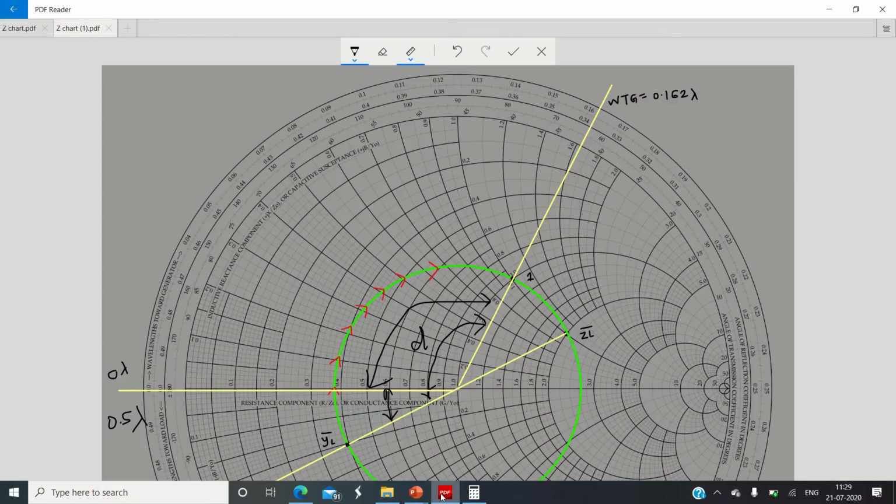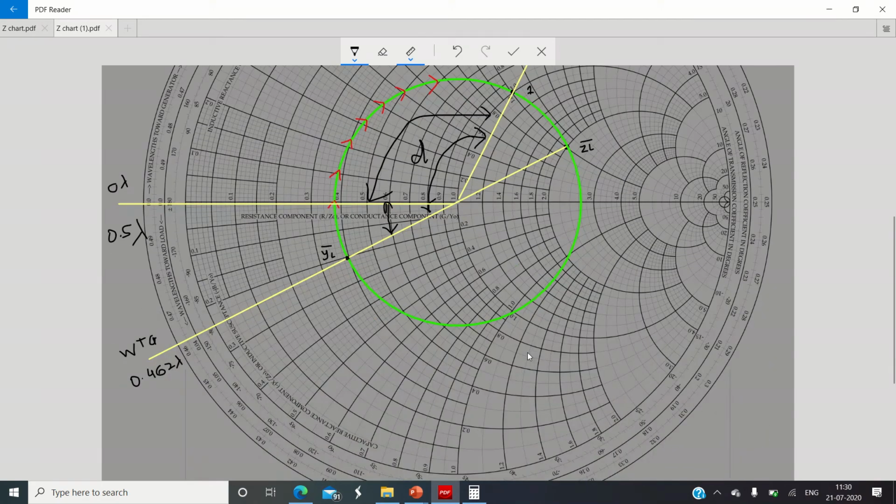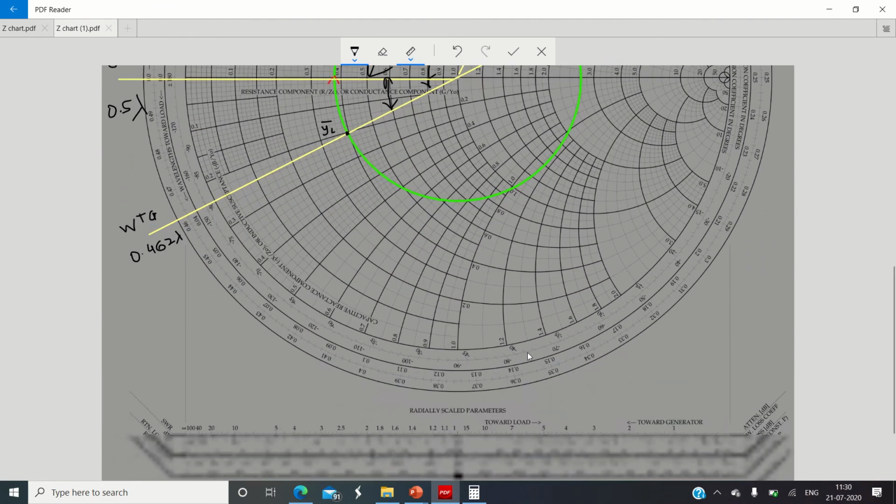So again, come back to your Smith chart. So here we need to locate minus J1, please remember. So again, we need to follow the sign convention of original Smith chart. So minus J1 is an imaginary part. So as per the sign convention of Z chart, it will come somewhere in the downside or the lower half of the Smith chart. So minus J1 point.